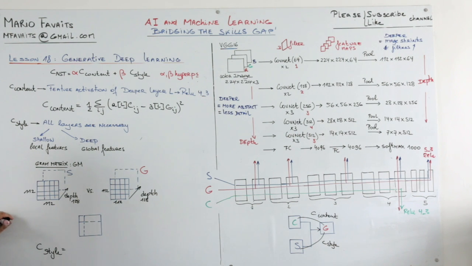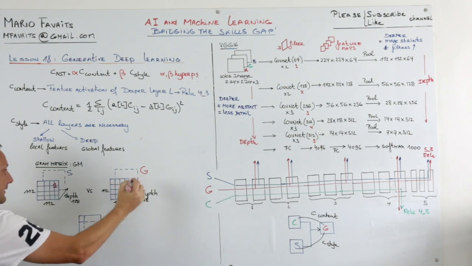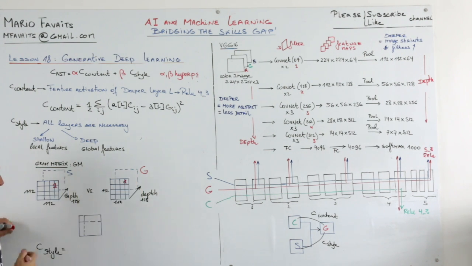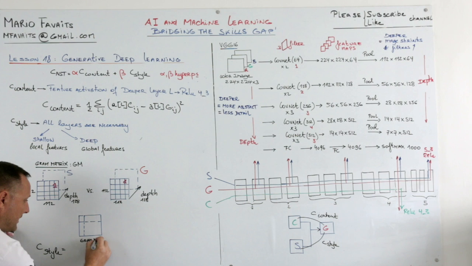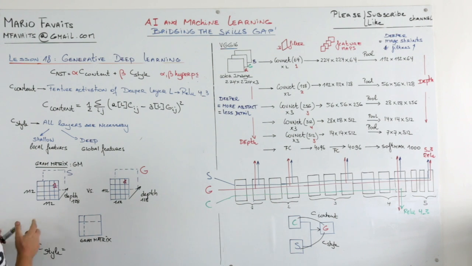All right, and anything else? No, just that we're going to use filter number 1. Now this is filter number 1. And this will be our gram matrix here. Alright, so we have the sizes, we have everything.